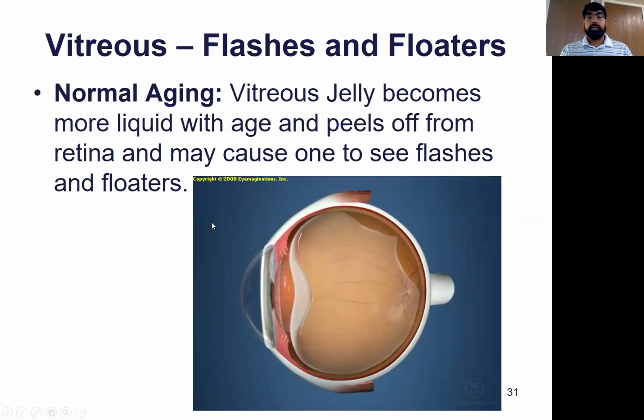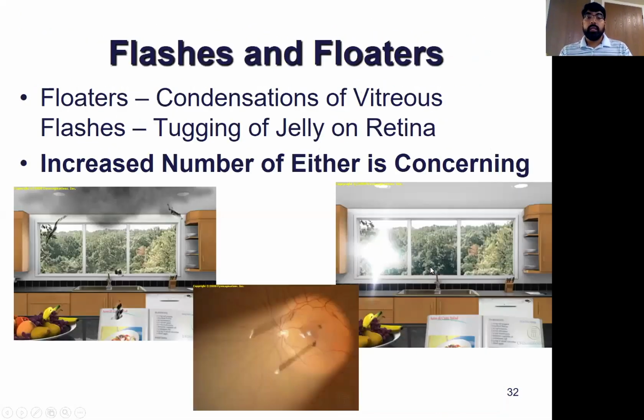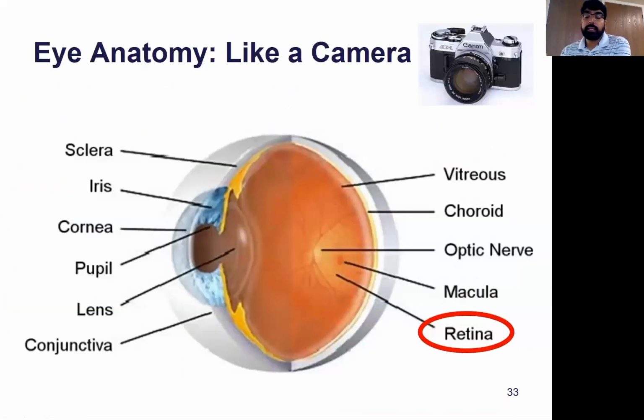In normal aging, the vitreous jelly becomes more liquid, and it does peel off from the retina over time. The floaters are the condensations of the vitreous, and the flashes are tugging of the jelly on the retina. An increased number of either flashes or floaters is concerning, as you may have developed enough traction to cause a tear in the retina, and that may lead to blindness.